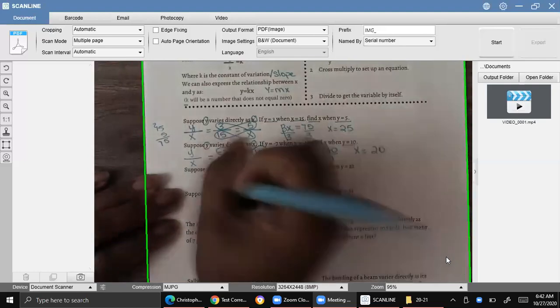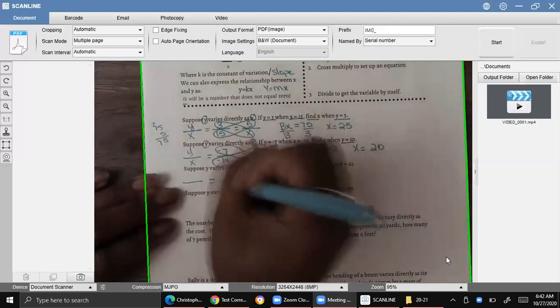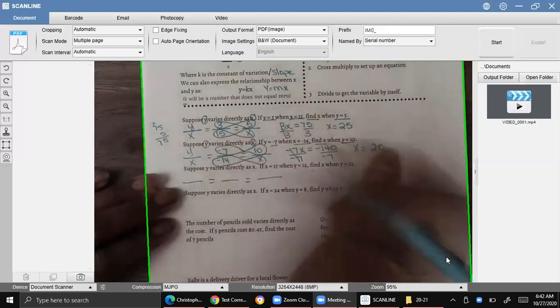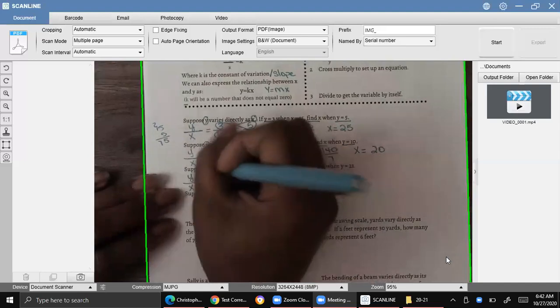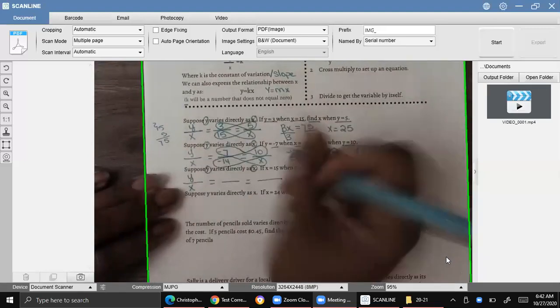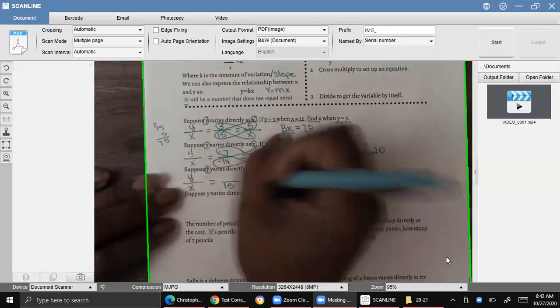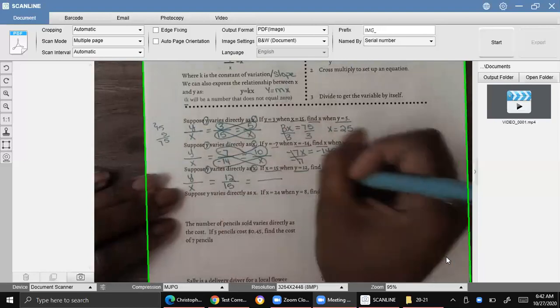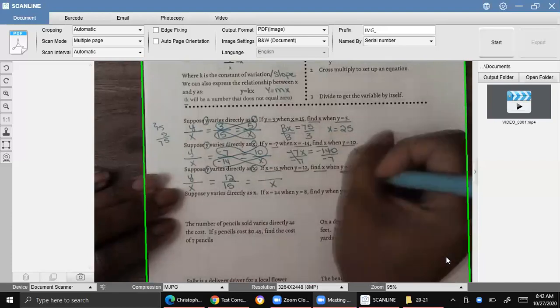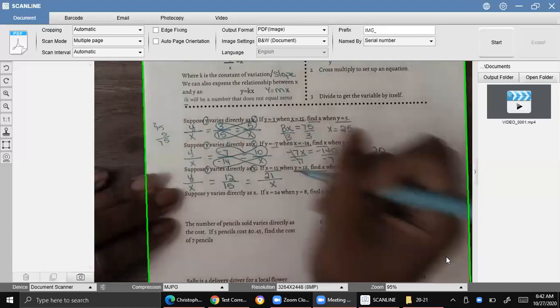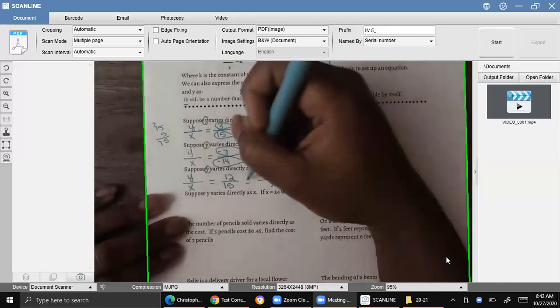Okay, and again, set up your triple proportion. We're comparing y and x. X is 15, y is 12. Find x when y is 21. So we're going to cross multiply.